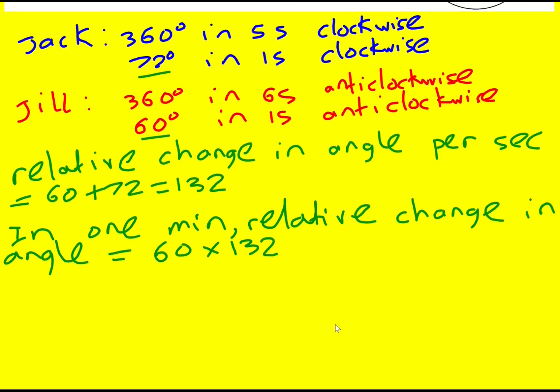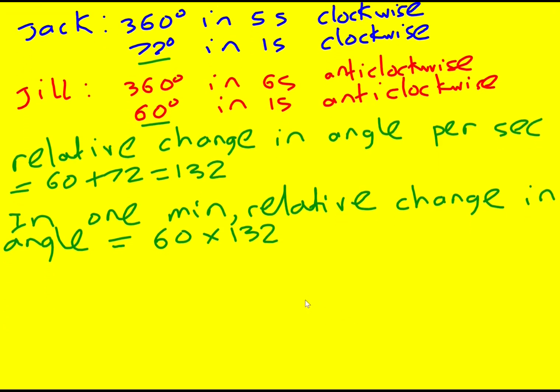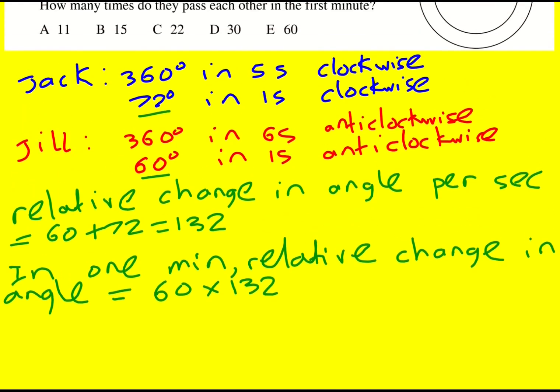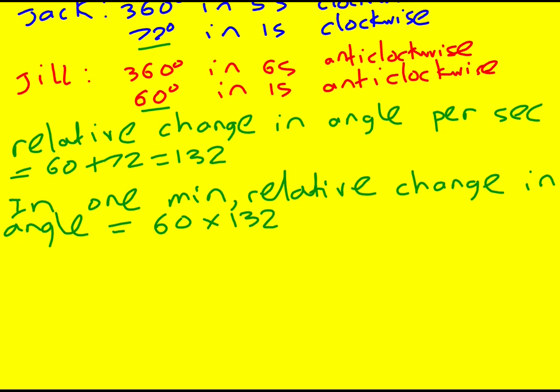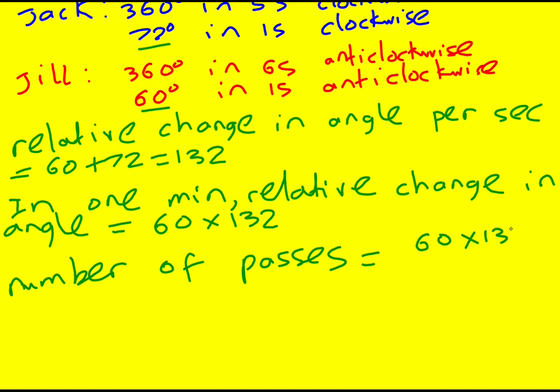So let's work out the number of passes, because if we work out how many 360s go into this, then that will tell us how many passes they've made. So number of passes will equal 60 times 132 over 360.